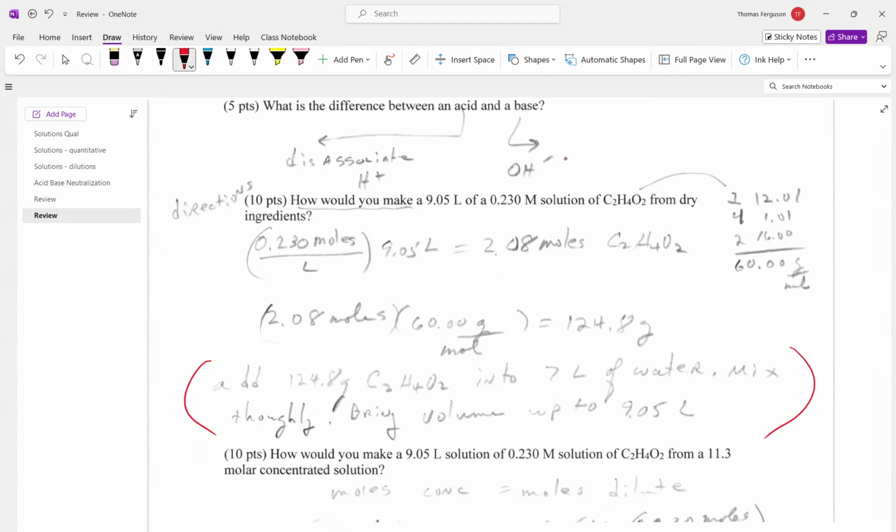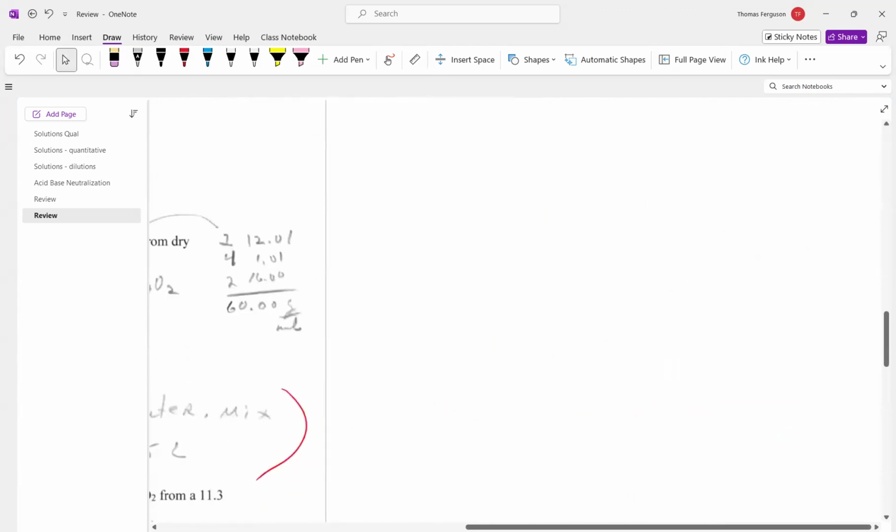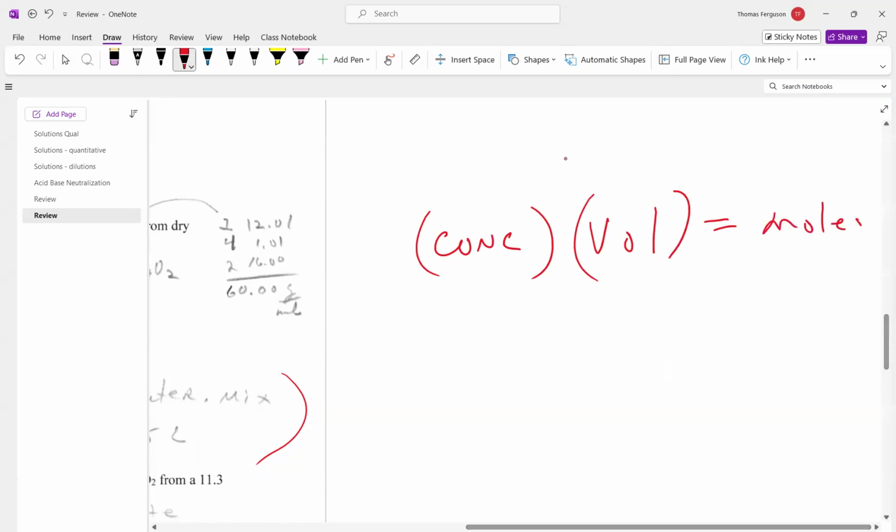Since we're starting from solution and we have volume, remember volume times concentration gives us moles. There are some real important relationships for Unit 5. One is that's number 1.